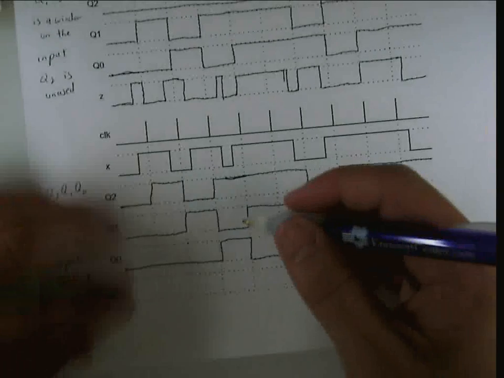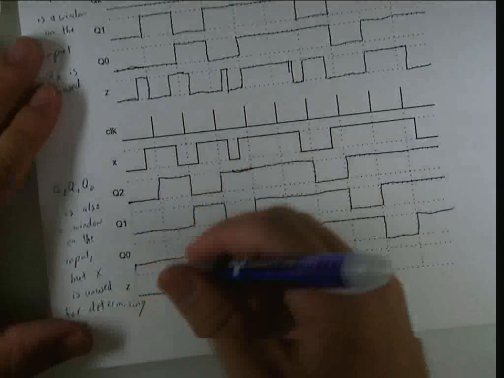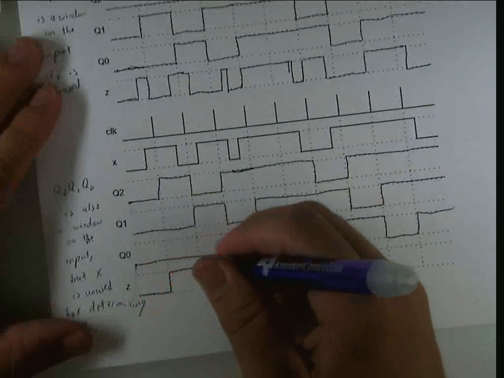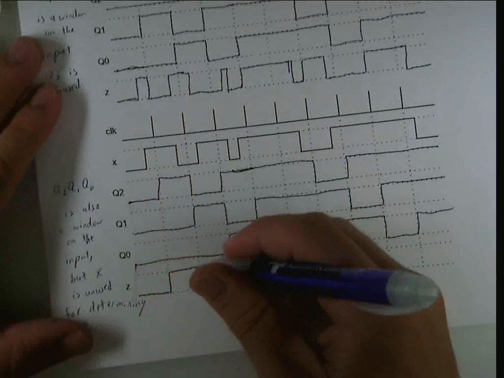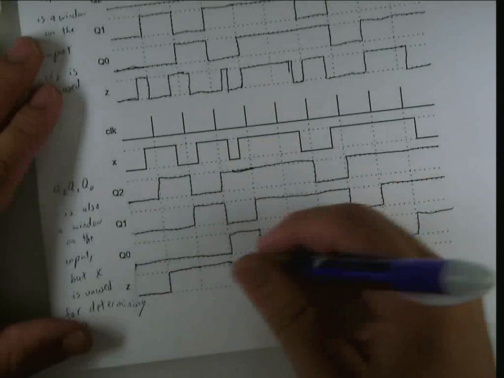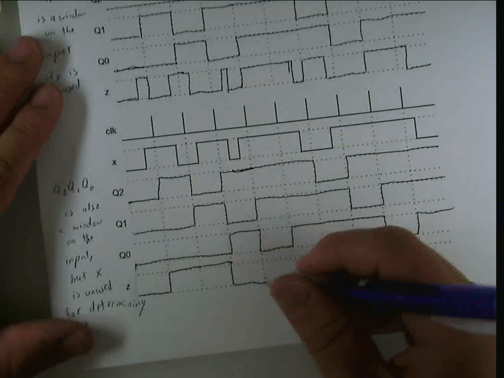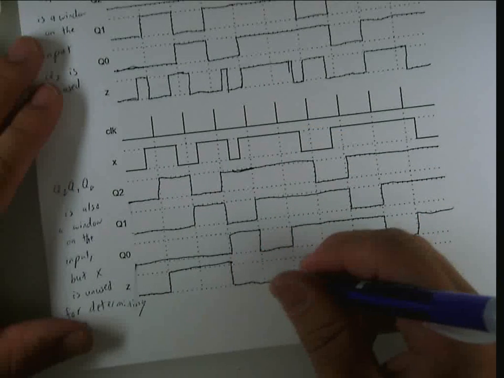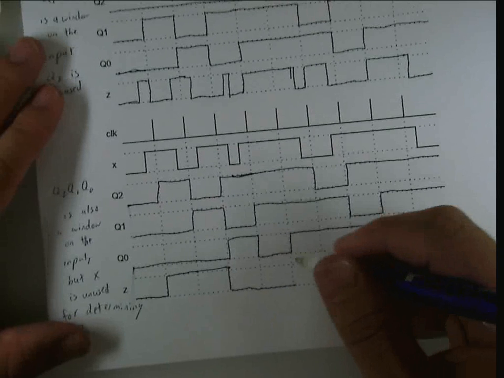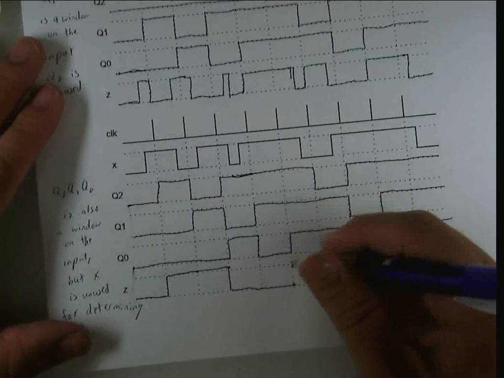And now we just see, is this even or odd? So here it's even. Here we've got odd. Here we've got odd. Here we've got even. Here we've got even. And here we've got an odd number.